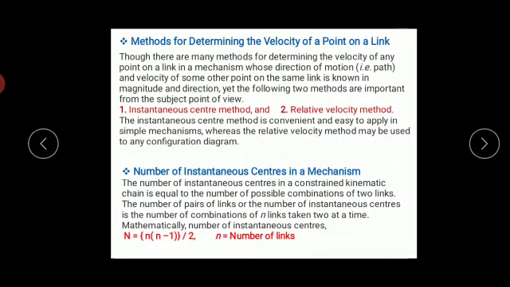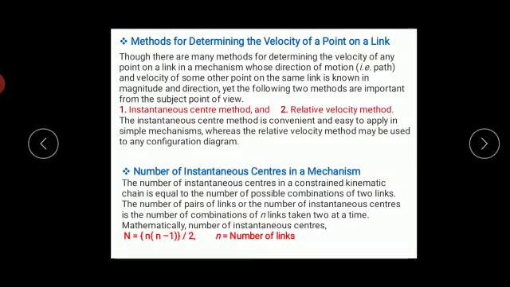Okay, let us see the next concept with respect to methods of determining the velocity of a point on a link. We have various methods to determine the velocity of a point on a link. But from the subject point of view, we can study in detail two methods. One is the instantaneous center method and the other one is the relative velocity method.